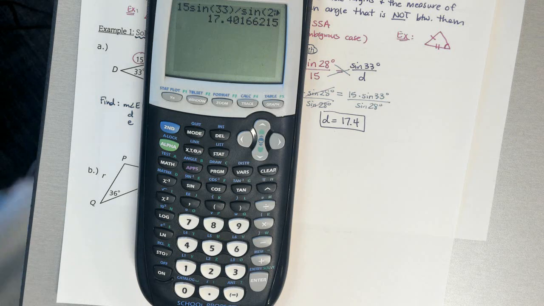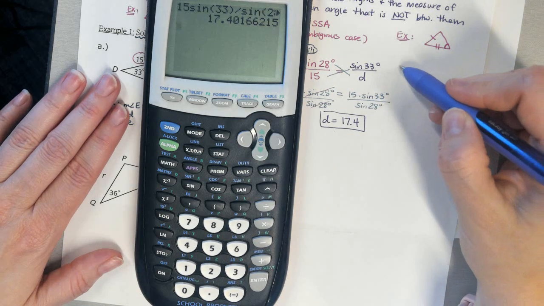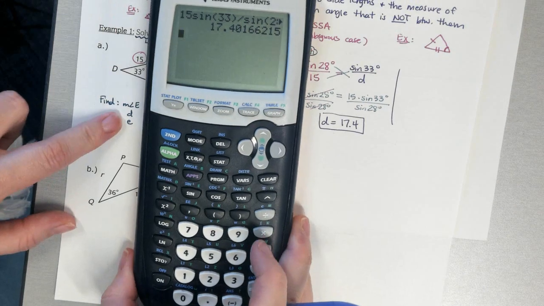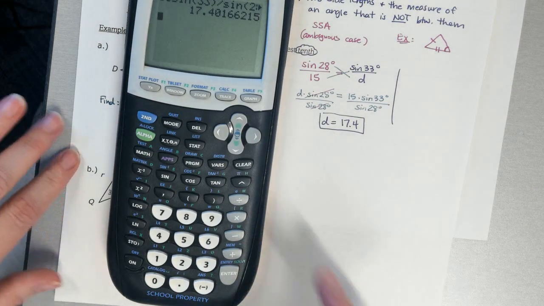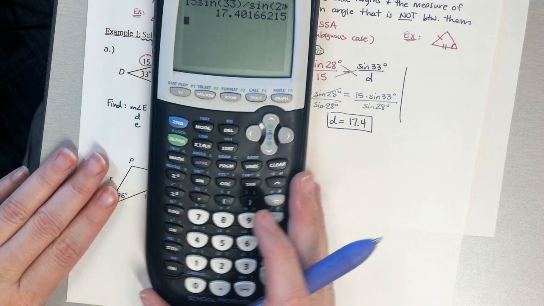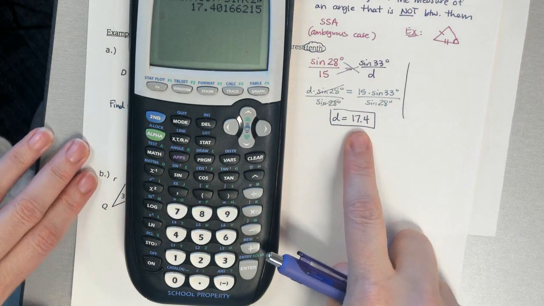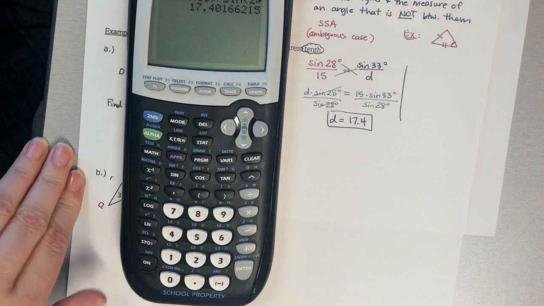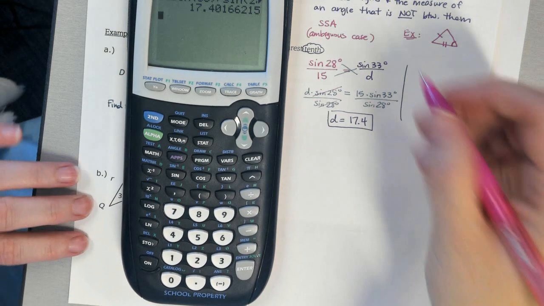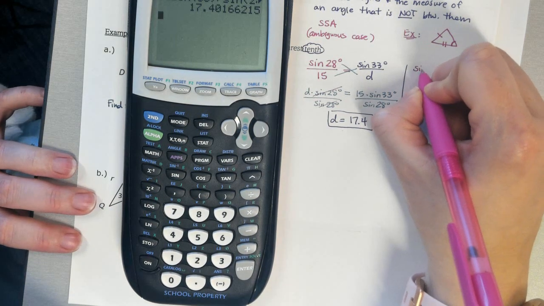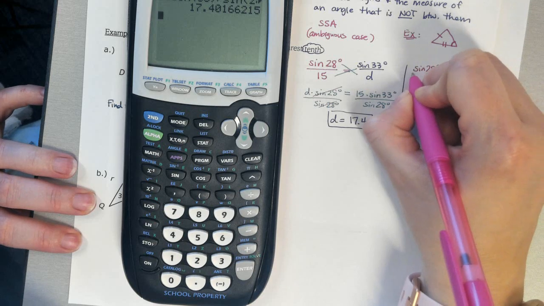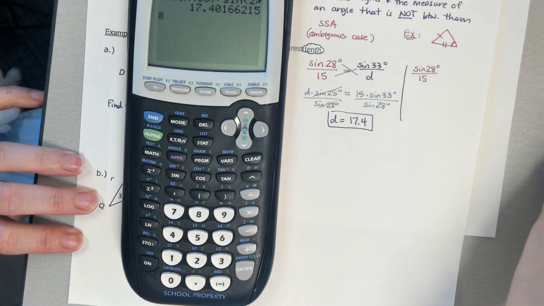Alright, so then the only thing left to find is E. So when you are finding E, okay, you want to use the one that you're given. This is a rounded answer, so I'm going to get a more exact answer if when I set this up, I do the sine of 28 over 15.